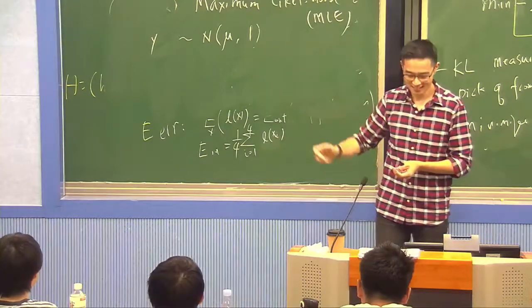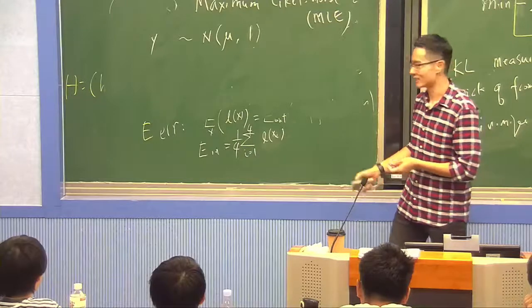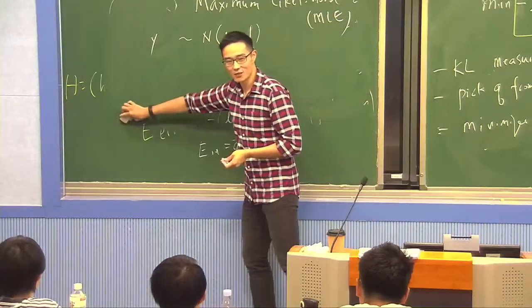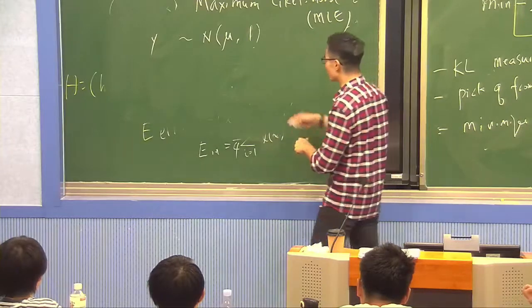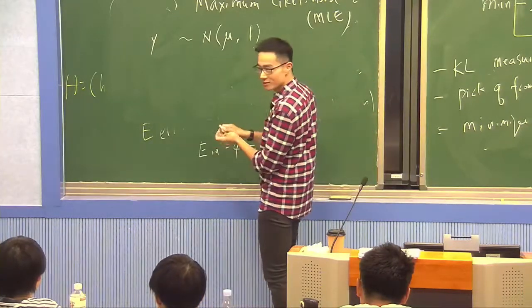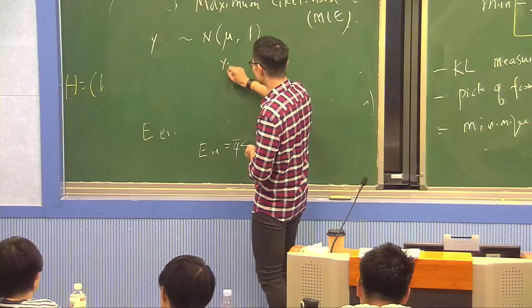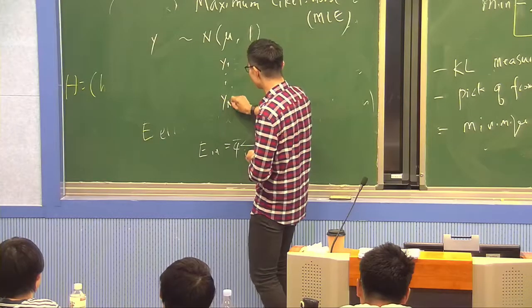How do I find out the mu? Using maximum likelihood. This is the simplest maximum likelihood we can think about. Well, you observe a bunch of data points, y1 to yn.